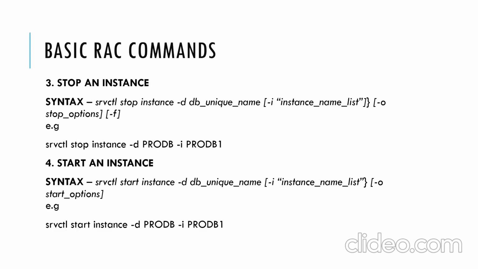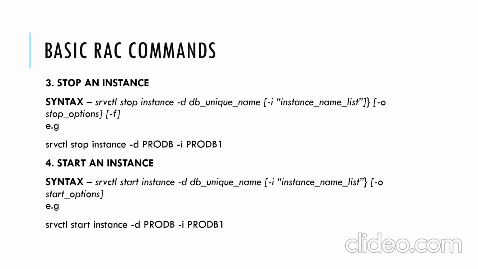Or if you want to stop a particular instance, then we have to give that instance name. For example, srvctl stop instance -d proddb -i proddb1. So this command will stop only one instance by the name proddb1.